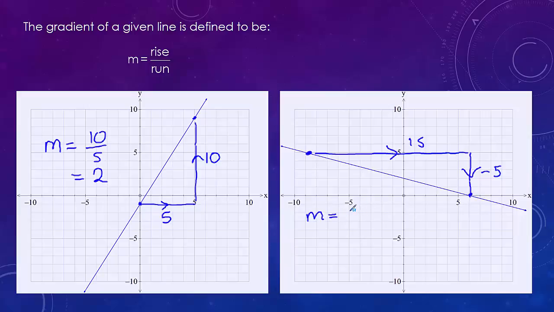So the rise here is -5. The run is 15. And that cancels down to -1/3.